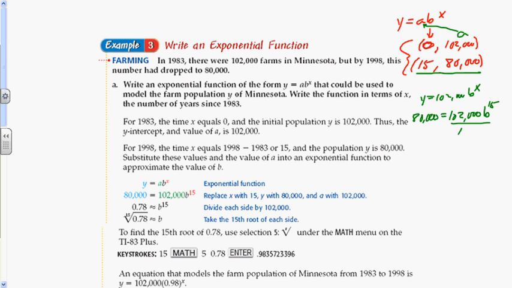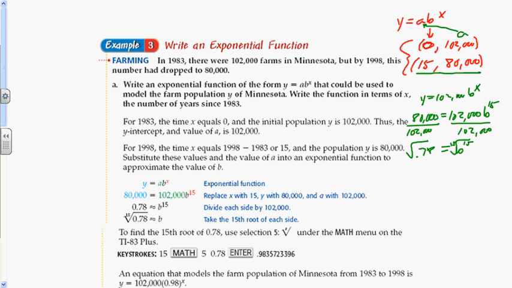So we divide by 102,000 rather. And b to the 15th equals, I believe, 0.78. And then you take the 15th root of that.